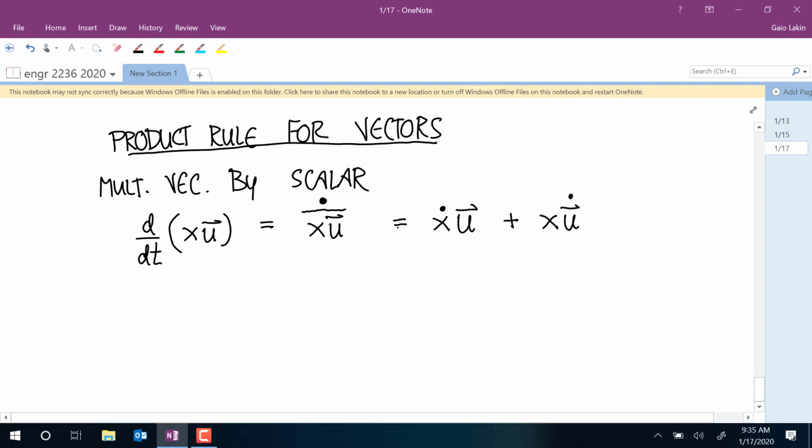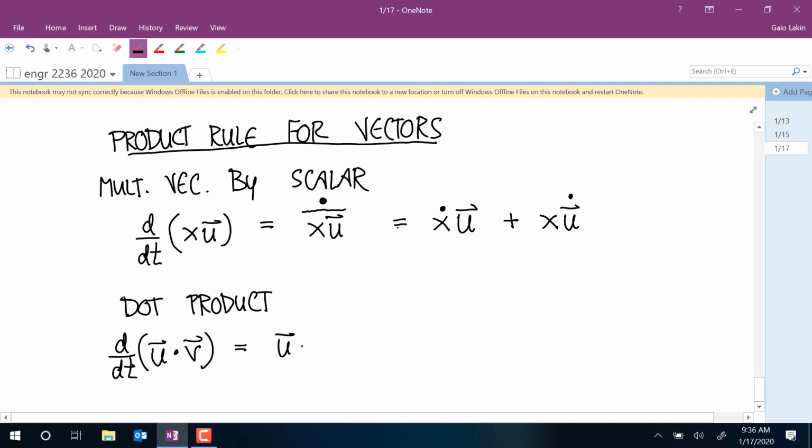Okay, so what if it's the dot product of two vectors? So then we have u dotted with v, and we're taking a time derivative of that dot product.